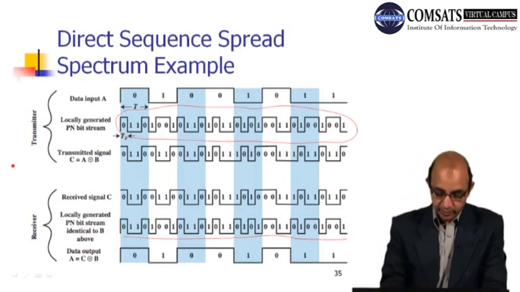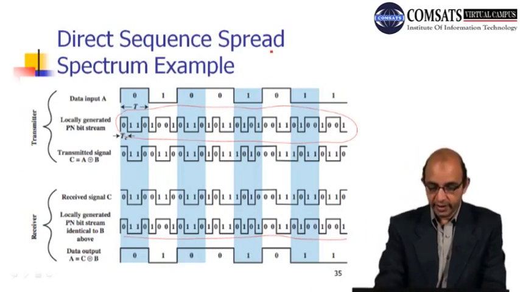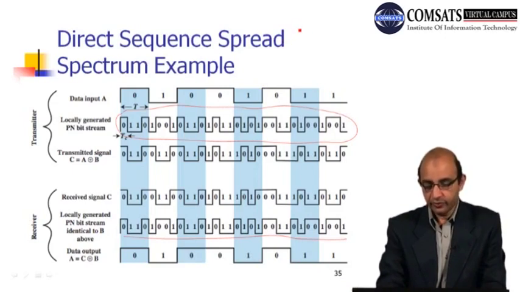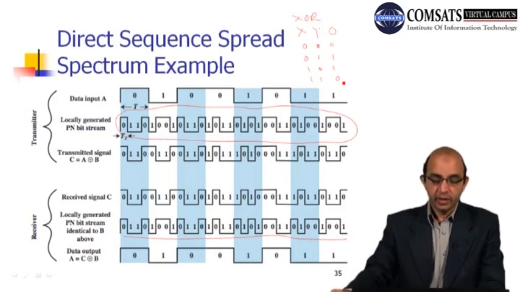Again, let me mention for your understanding that we have X, Y, and this is the output, and this is the truth table for XOR: 0 0 gives 0, 0 1 gives 1, 1 0 gives 1, and 1 1 gives 0, right?